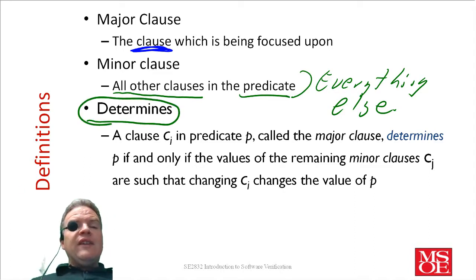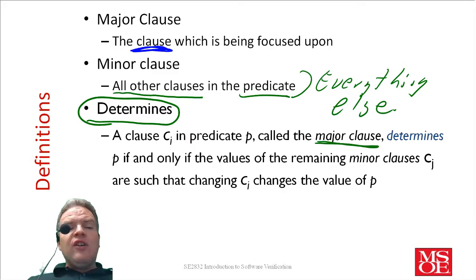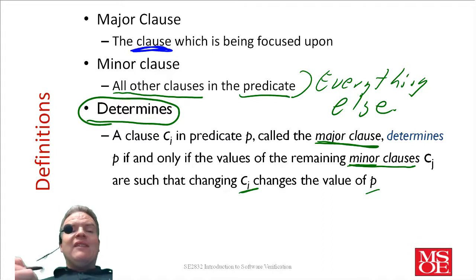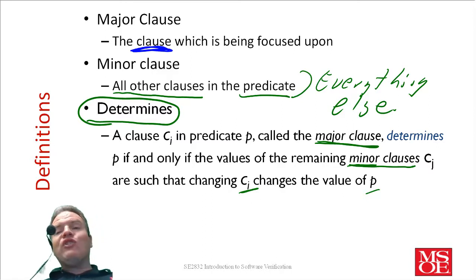A clause C sub I in predicate P is called the major clause, determines P if and only if the values of the remaining minor clauses C sub J are such that changing C sub I changes the value of P. So basically what we're looking at is the concept of C sub I being the one that actually is controlling the behavior. The other clauses don't matter quite as much.